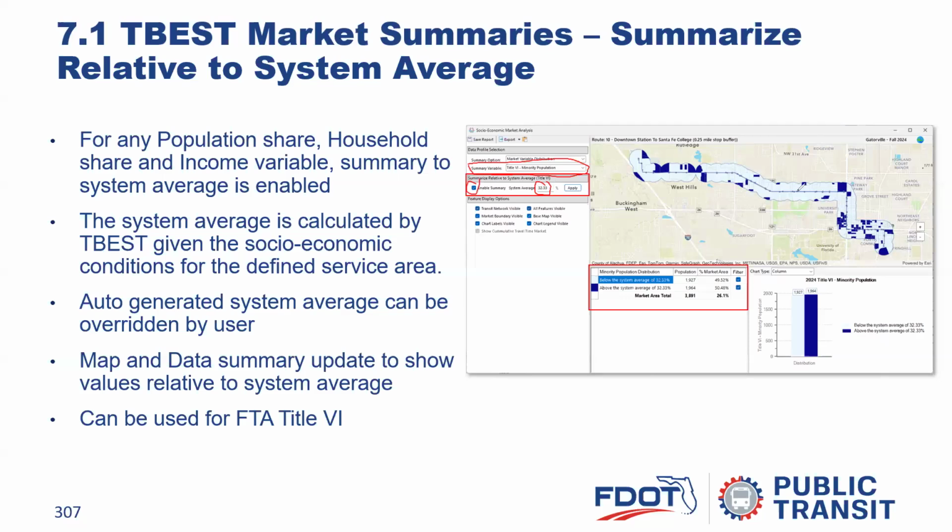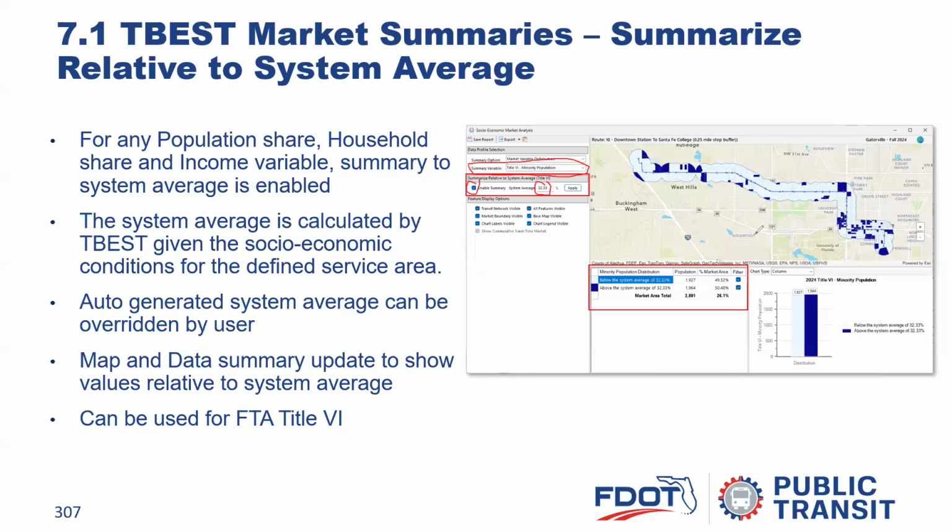And the other shade, the lighter shade, is under the system average. So if you think about this from the Title VI perspective, that really the breakdown of a lot of the summaries that you're using for Title VI are relative to the system average, above or below the system average. So this is a very quick screening to see for whatever market that you have, is it above or below the system average for that variable?